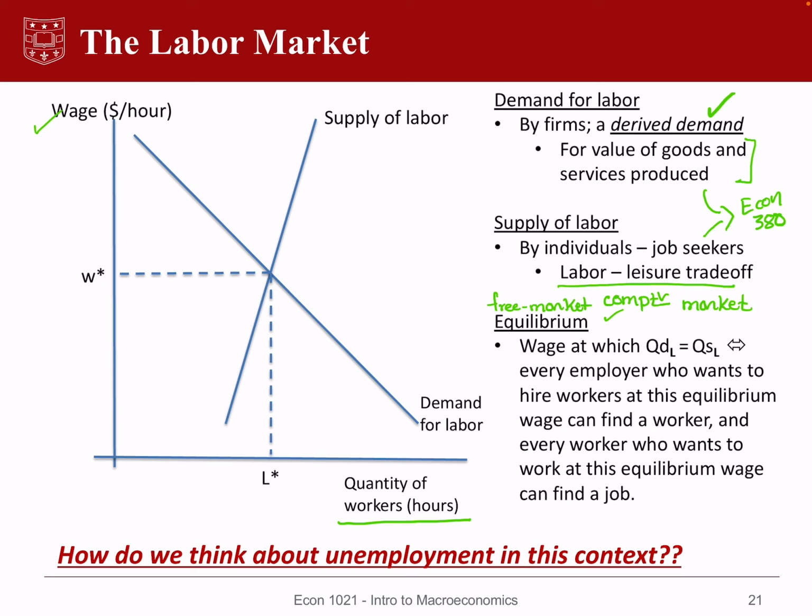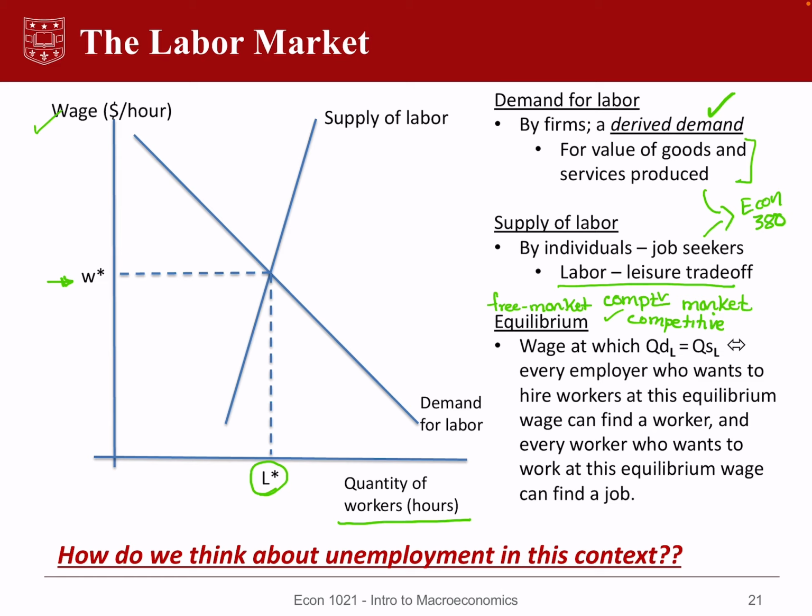I'll actually write it out: a competitive market equilibrium, because we are going to talk about an equilibrium in the labor market that is different from this. When we talked about an equilibrium before, we would talk about a price at which quantity demanded and quantity supplied are the same. So here, we would identify the wage rate W star, where the quantity demanded and quantity supplied of labor are the same, which is L star.